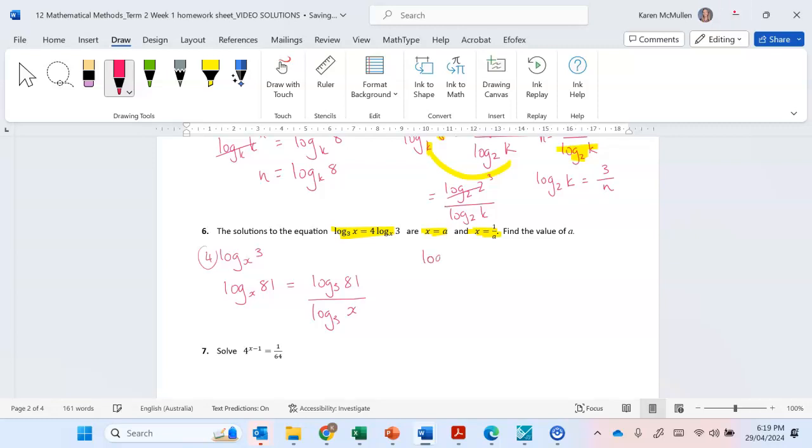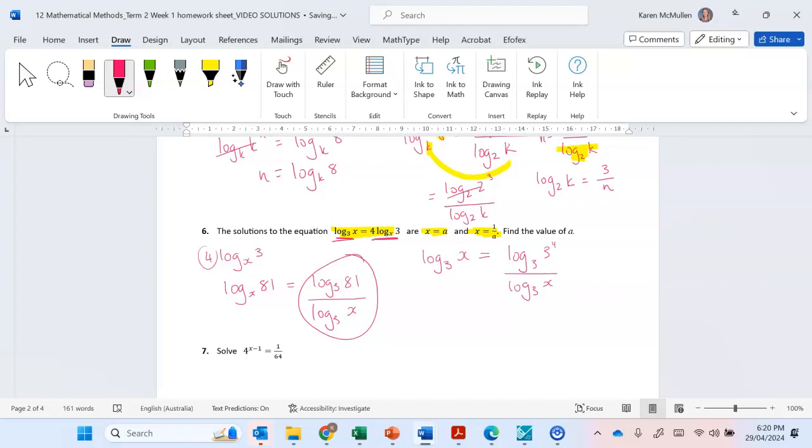So now, putting back in our equation, log base 3 of x is equal to, instead of 4 log base x of 3, I can rewrite, put this in. Now that 3 and the 81, I'm just going to change that to 3 to the power of 4, and then log base 3 of x.